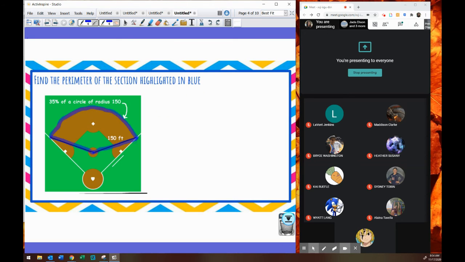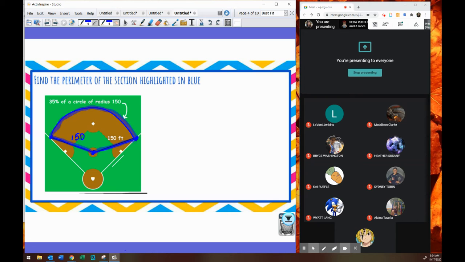What's next? Find the perimeter of the blue section. So we have a baseball field. We know that this is 150. So then what's this gonna be? 150. We also know that this circular part looks like a pizza. What percentage of a circle is it? Can you read that?